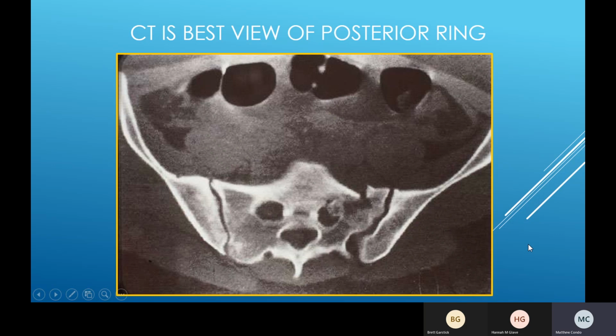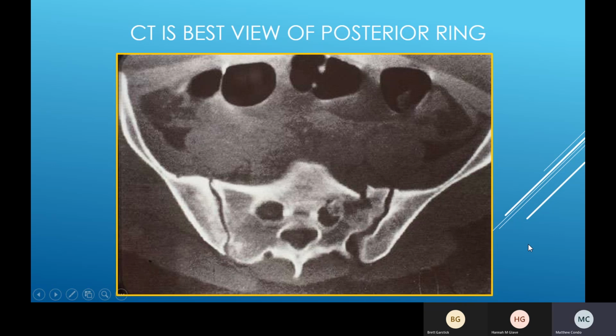When it comes to the posterior aspect of the pelvic ring, the best imaging modality is going to be CT scan. And we kind of saw that when we looked at the AP X-ray. AP X-ray was pretty good about looking at things like pubic rami and the ala and things like that. When it came to the posterior side, it ain't so good.